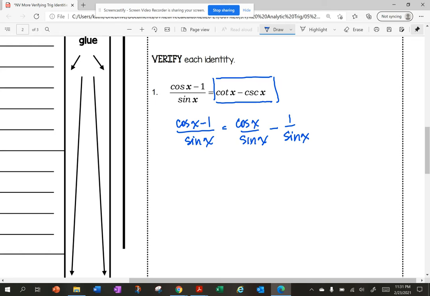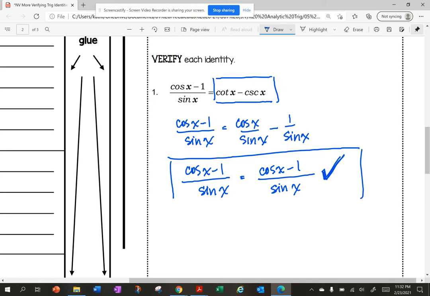Again, I leave the left-hand side as it is, cosine of x minus 1 over sine of x. Since I have a common denominator, I'm subtracting my numerators, and I get cosine of x minus 1 over sine of x. And I am done. After I've shown my left-hand side equals my right-hand side, we place a check mark to show that I have verified.